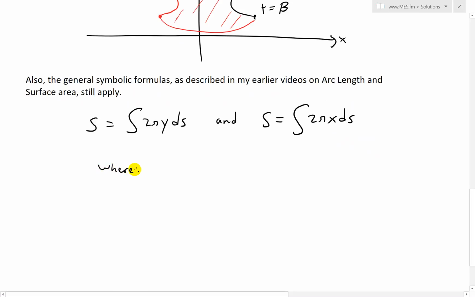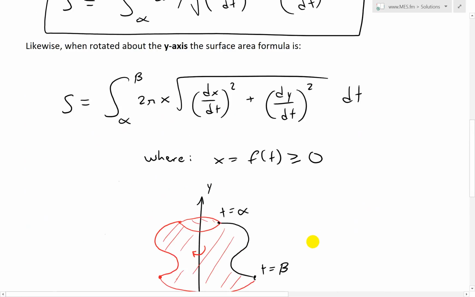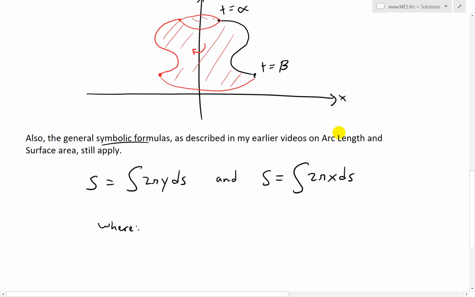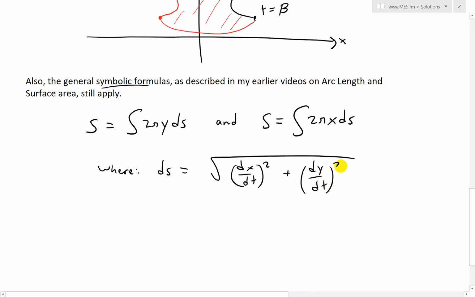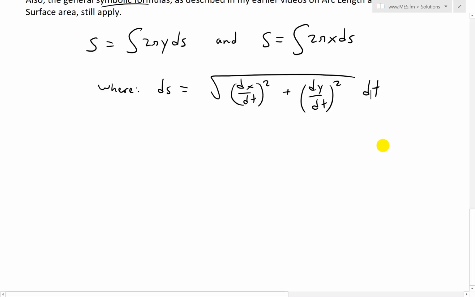I'll show you how this is easier to view. This is the exact same thing as above: instead of ds, in this giant expression we write 2 pi x, where ds is equal to the square root of (dx/dt) squared plus (dy/dt) squared, dt. All we're doing is replacing it. To get an idea of what ds is, as I've done before, we can multiply this dt inside.